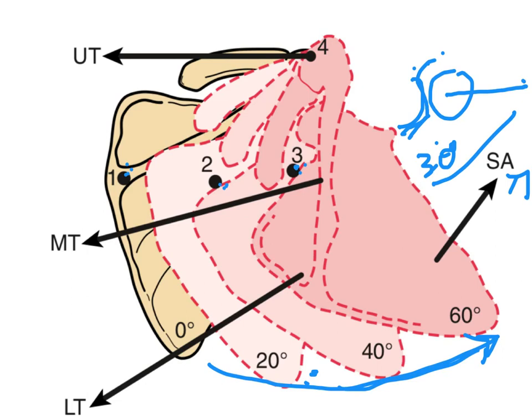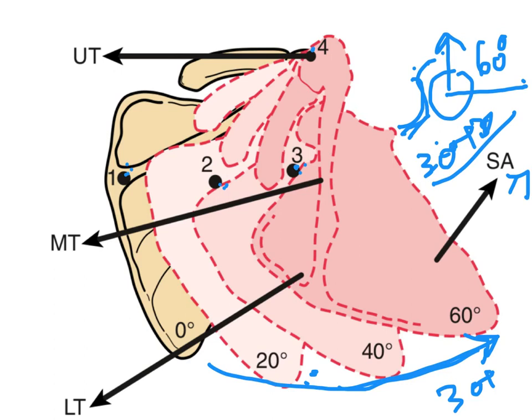Whereas further raising of the arm from horizontal to the vertical position involves an additional 60 degrees of motion. That means another 30 degrees of scapular rotation takes place by the posterior rotation of the clavicle, with the acromioclavicular joint as the axis of rotation.